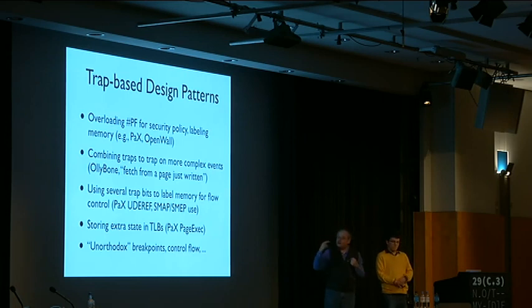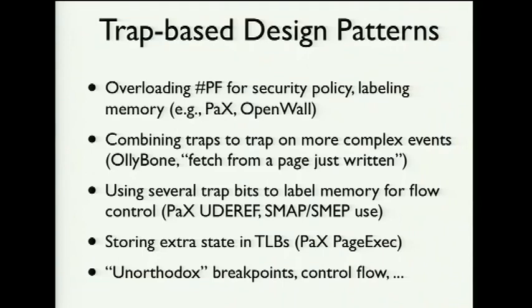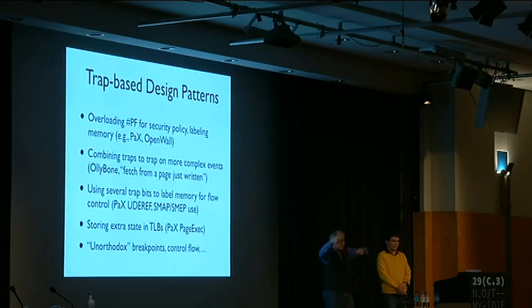OllyBone, for example, trapped on fetch from a page just written. Think about it. If you want to catch an unpacker, what does an unpacker do? Writes some code, then jumps to it. You want to trap on that, not on any write or any read or any fetch, and you can do that.